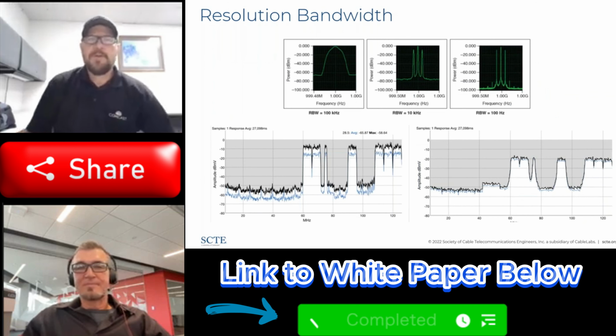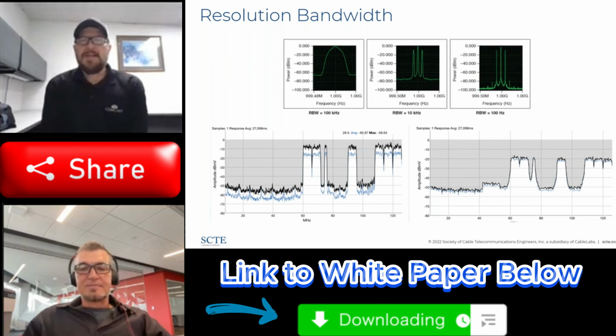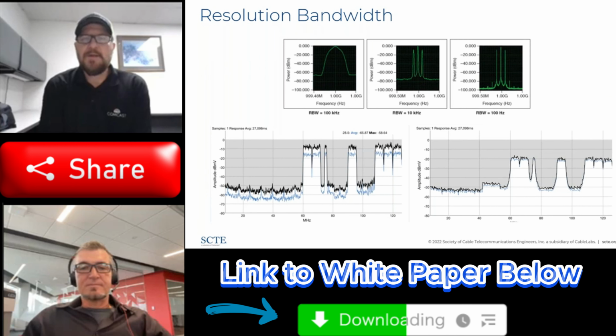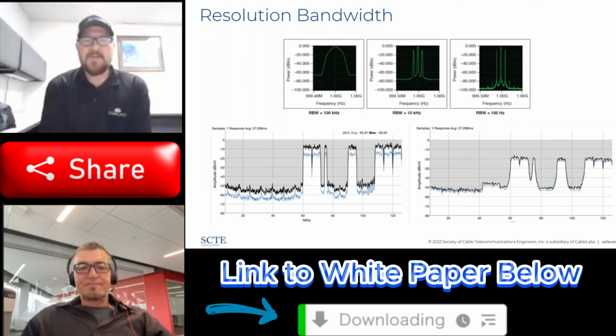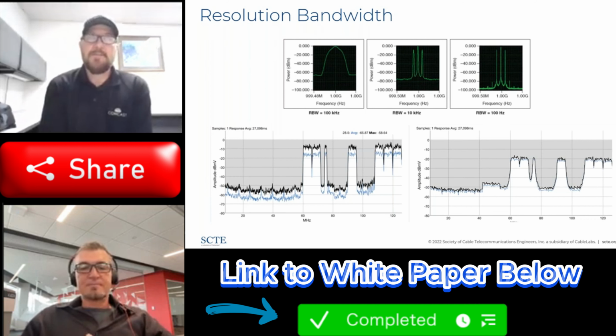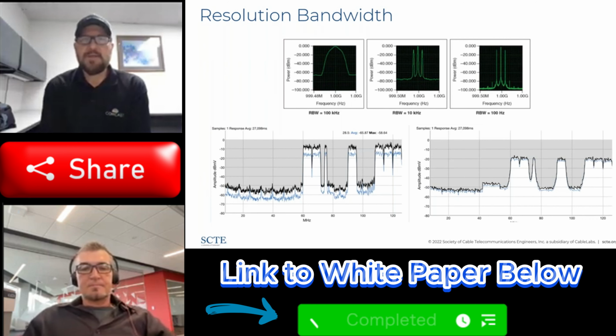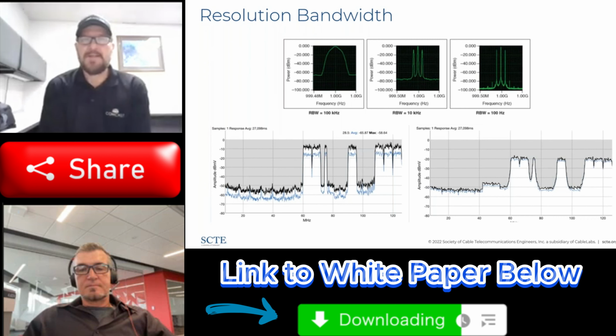So we've referred to resolution bandwidth before, and how it influences how the traces are represented on your visualization tools. So at the top, I love this graph because this is really a good illustration of how resolution bandwidth can affect what you see on a spectrum analyzer.